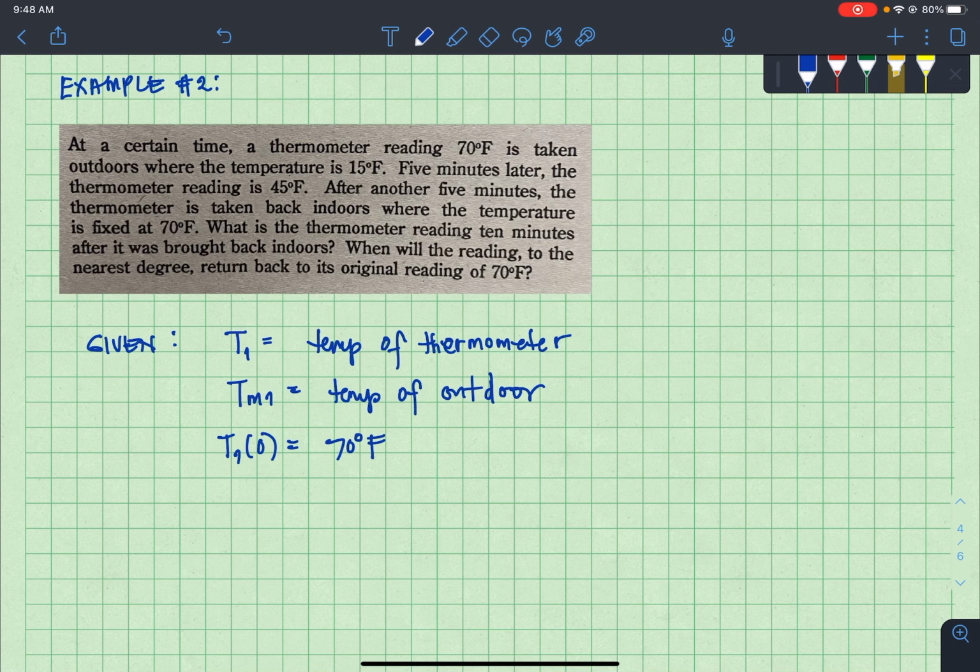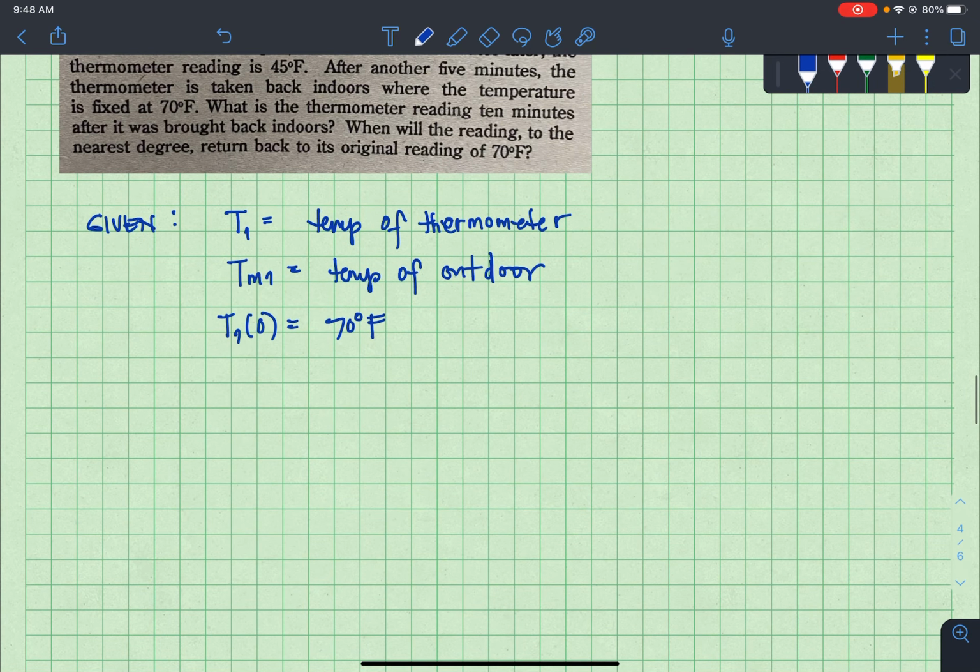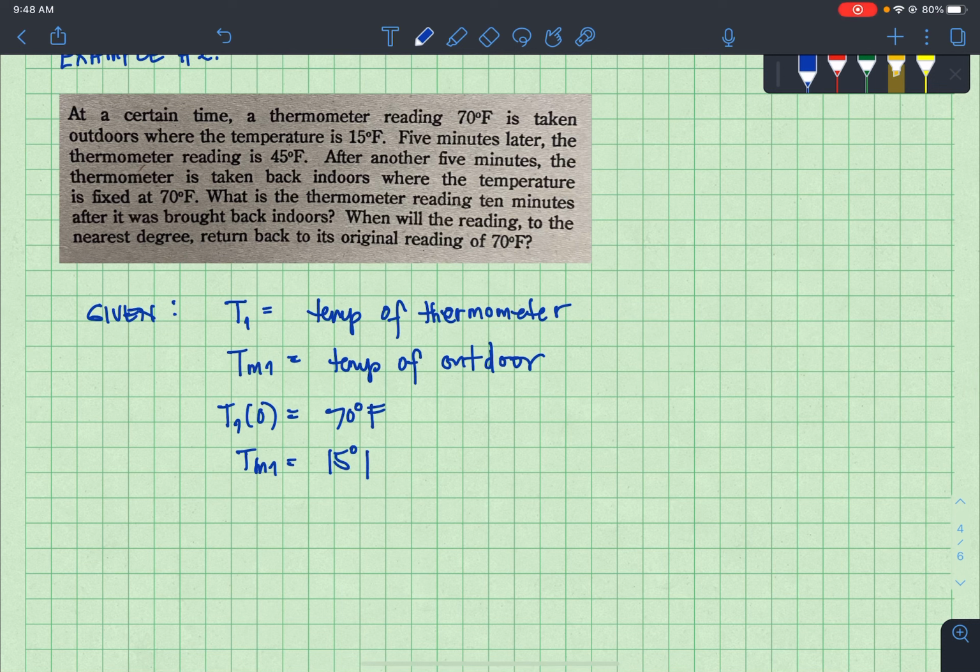And then it's taken outdoors, where the temperature is 15 degrees Fahrenheit, so TM1 is equal to 15 degrees Fahrenheit. 5 minutes later, T1 will drop down because the environment is colder than the temperature of the thermometer. 5 minutes later, the thermometer reading is 45 degrees Fahrenheit.